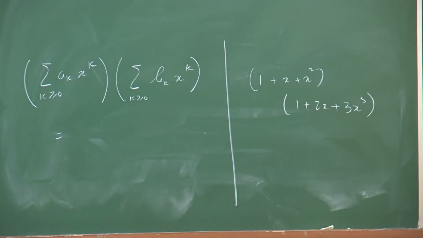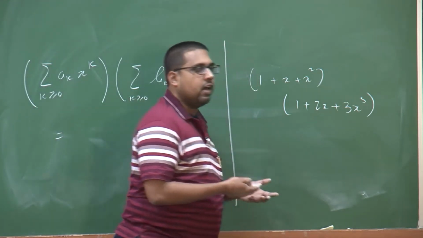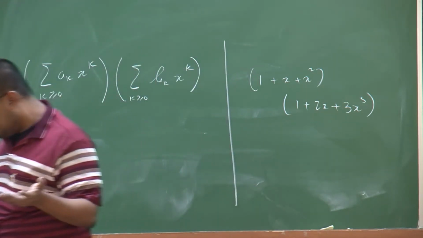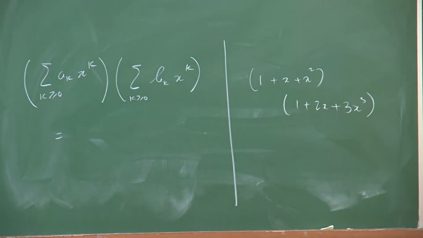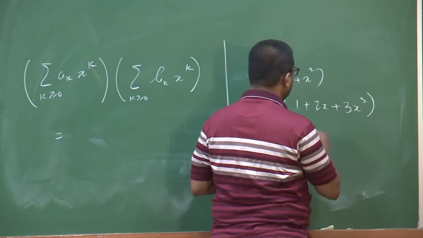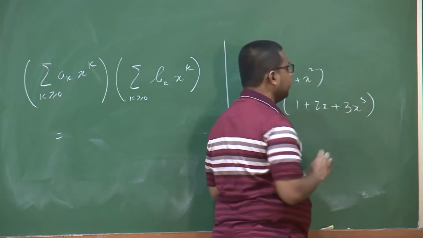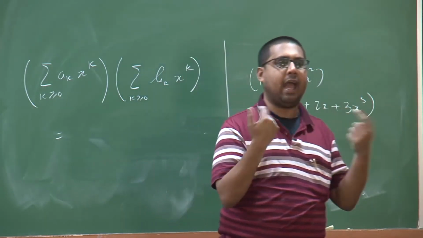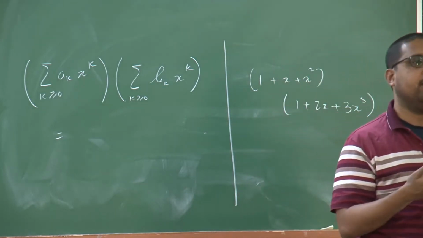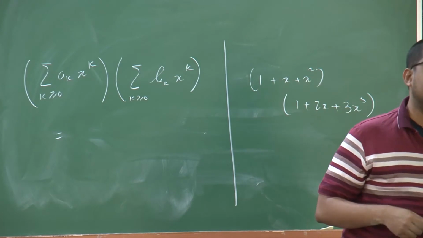In fact, what we have been encountering since our elementary algebra course in school days. So how do we do the multiplication? If we pick a term from here, another term from here, then we first add the powers of the variable, and then with that we multiply the coefficients.